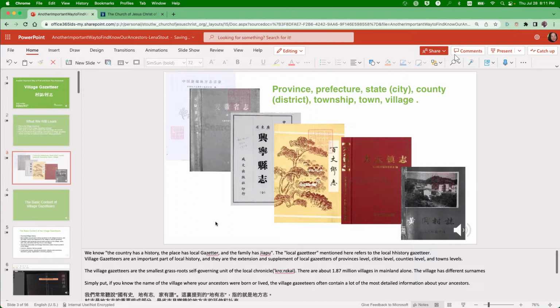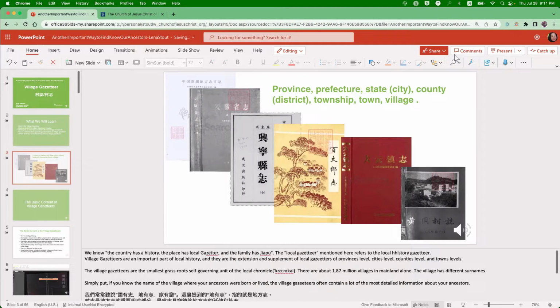Village gazetteers are an important part of local history, and they are the extension and supplement of the local gazetteers of the province level, city level, county level, and town level.